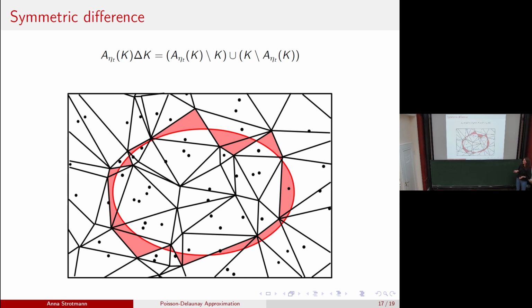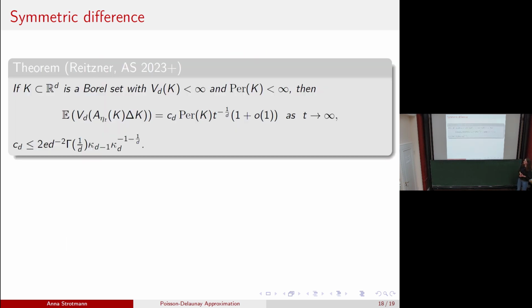And in the following, we are interested in the asymptotic behavior of this expectation, and therefore we got the following result, that for every Borel set with bounded volume and bounded perimeter, the expectation of the volume of the symmetric difference behaves asymptotically like a constant depending on the dimension d times the perimeter of the set K times intensity to the power -1 over d.